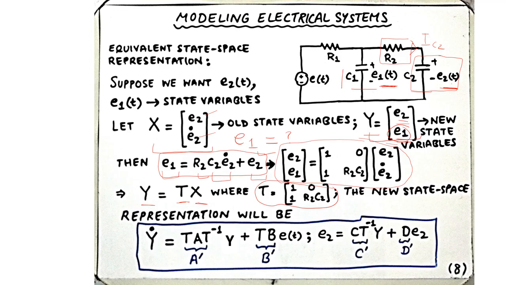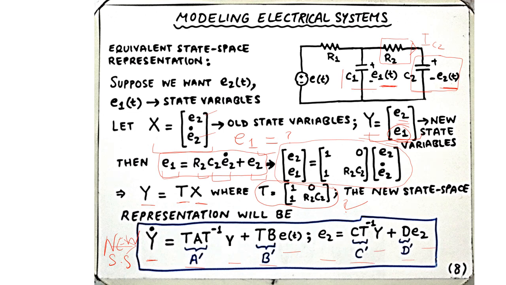Once we know our transformation matrix T, we can simply convert our old state space representation into the new state space representation, in which the state variables are contained in vector y. So we say that y dot equals A prime times y plus B prime times the input, that is e of t. The output e2 is C prime times y plus D prime times e of t.